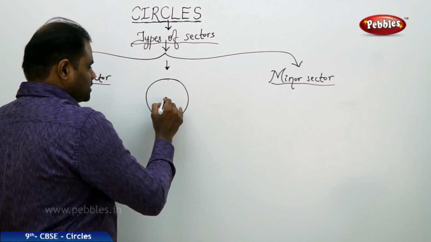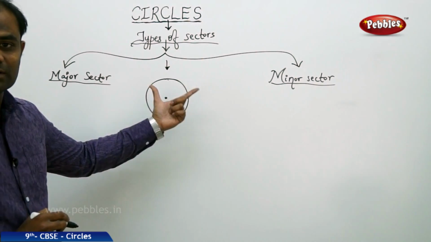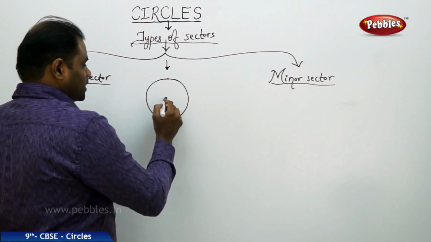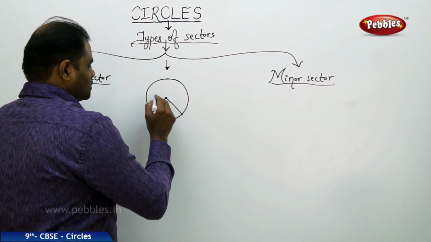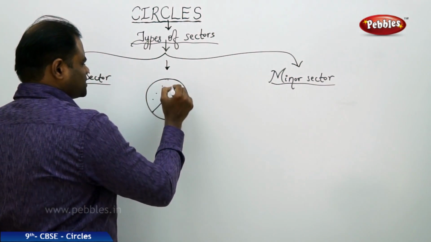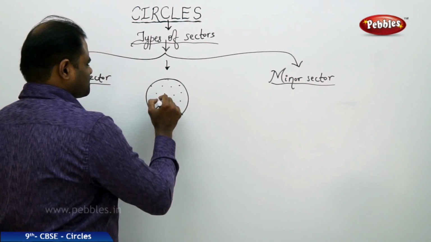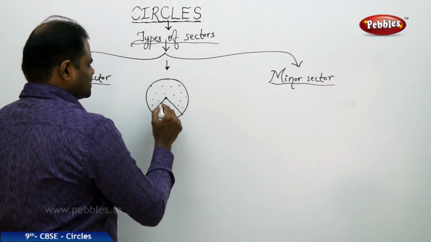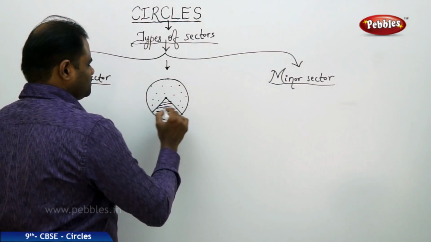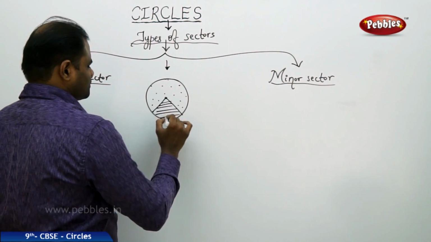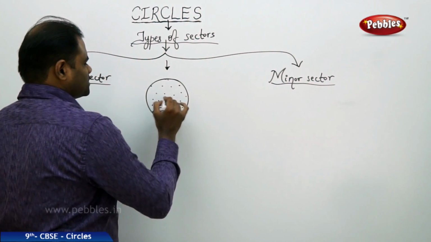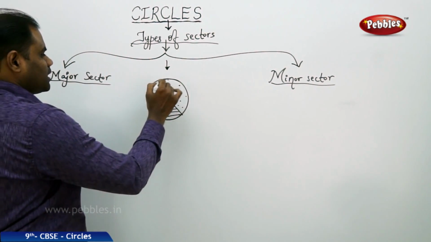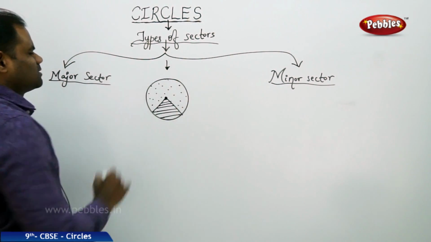Let me cut this pizza assumed to be a circle into a piece. So I cut the piece of pizza out here, and one of the slice is this and the other slice is this. So I have two slices of the pizza. One is this and the other is this.